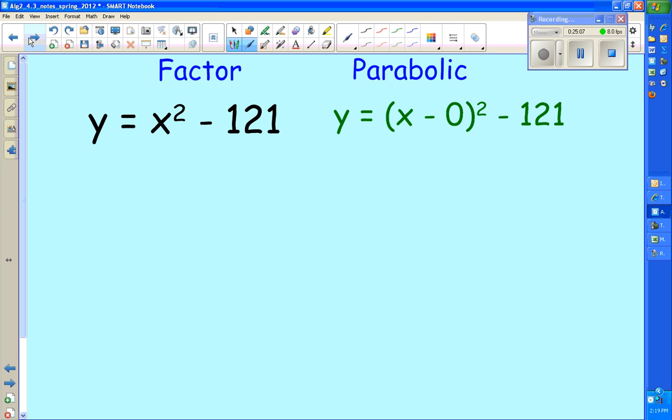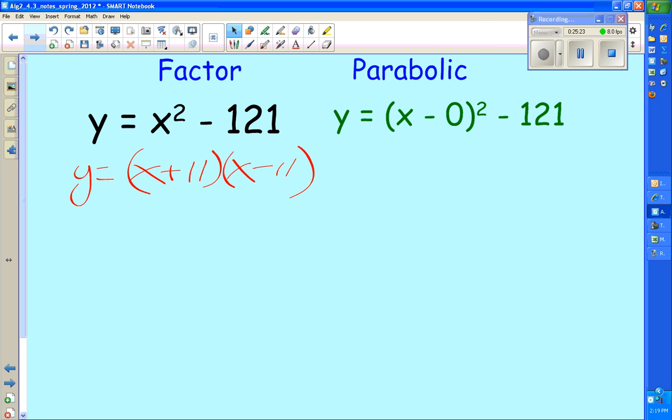Now, difference of two squares. X squared minus 121. If we factored it, what do you call this? What do you call that in red? No, that's how it factored. This is a difference of two squares. What do you call this in red? Factor.